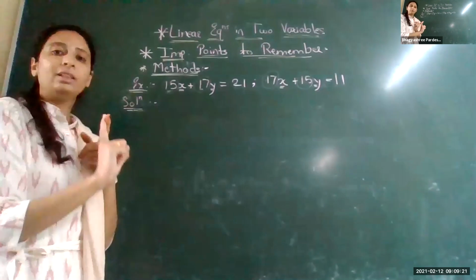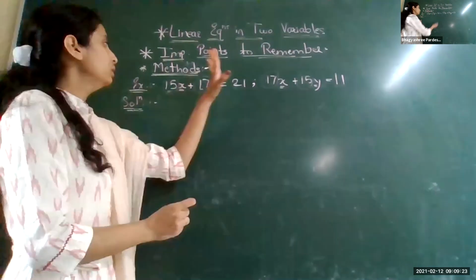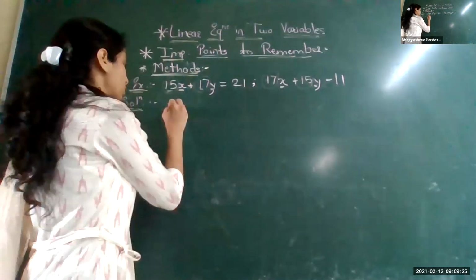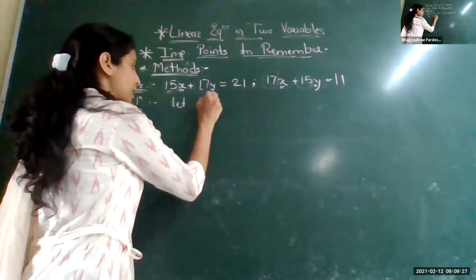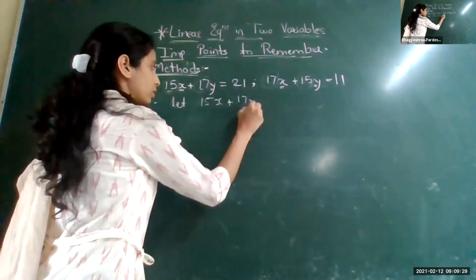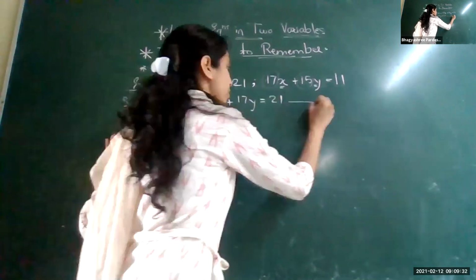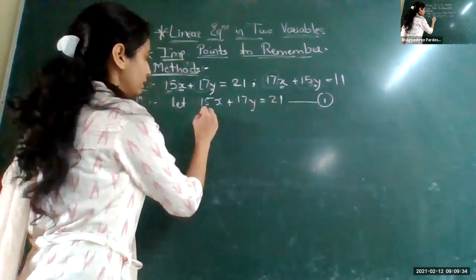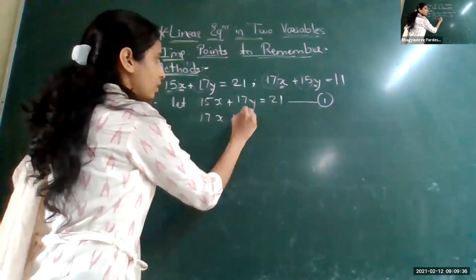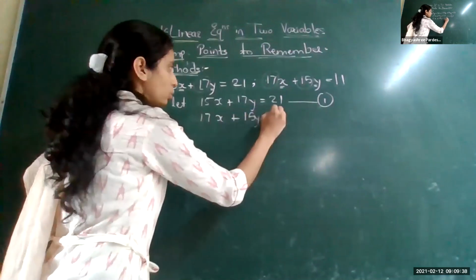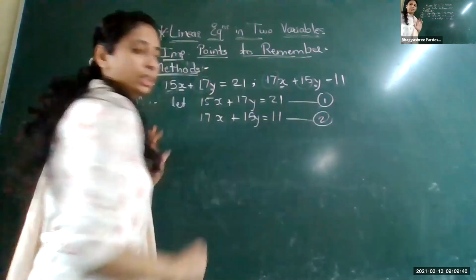First, we give the equations numbers. These are your two equations: equation number 1, then equation number 2. So we have these two linear equations.